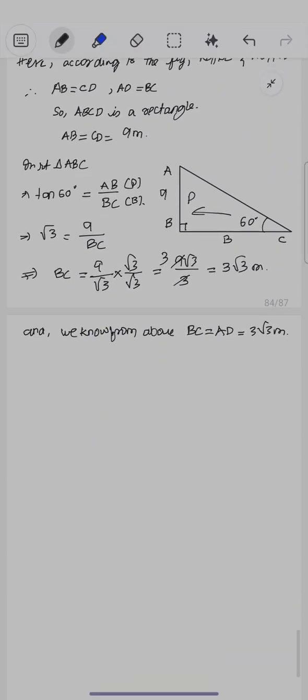Now in triangle ADE, AD is 3√3, one angle is 90 degrees and the other is 45 degrees. In right triangle ADE with a 45 degree angle, perpendicular and base.